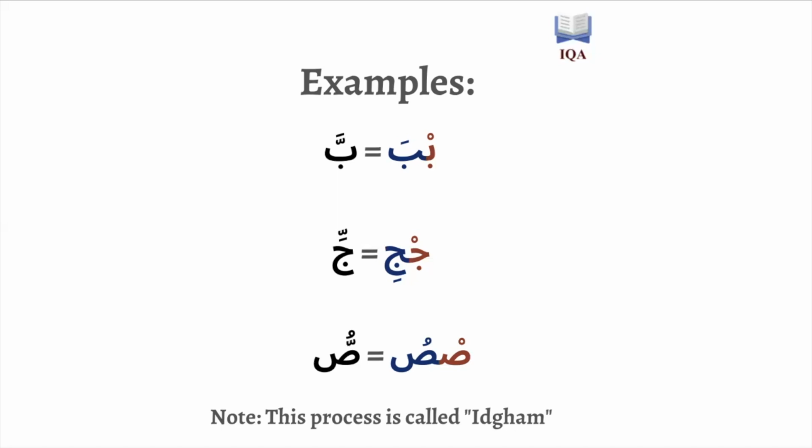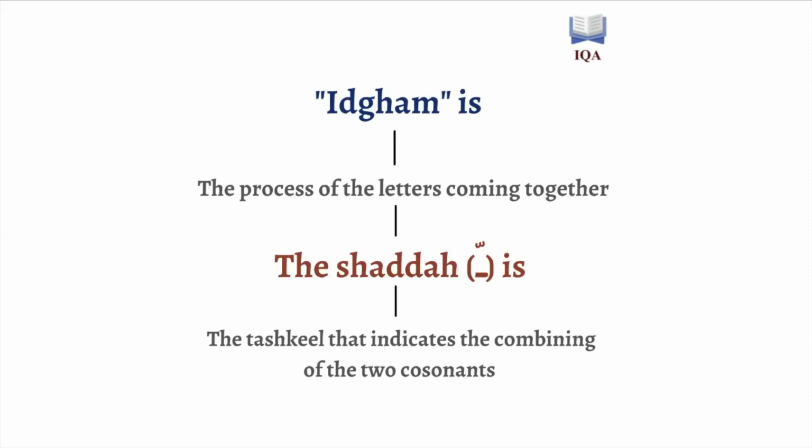And idgham in the Arabic language literally means combining two things together. Okay, so this process of idgham can happen to a lot of different letters, or can happen in a lot of different contexts, I should say, because it can happen to all the letters, but it will happen in a lot of different contexts, and it's going to be indicated with the shadda. So idgham is the actual process of the two letters coming together. That actual process is called idgham.